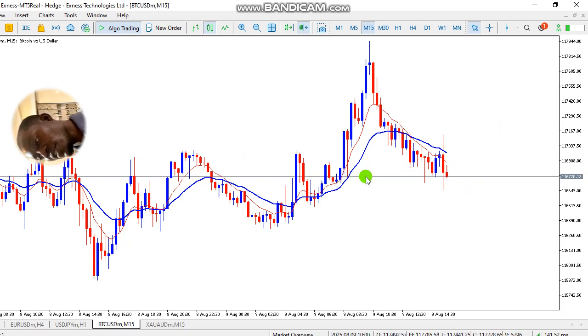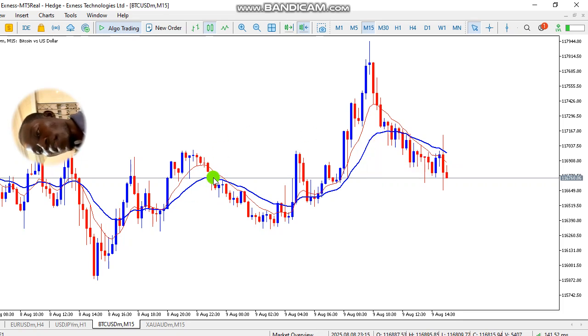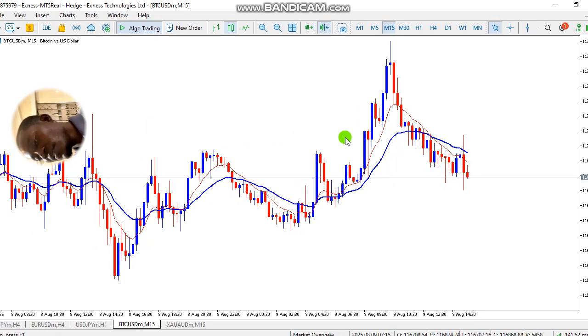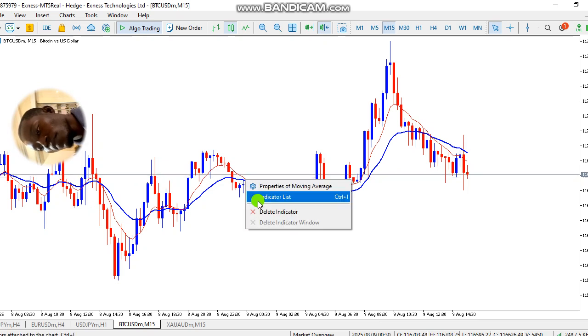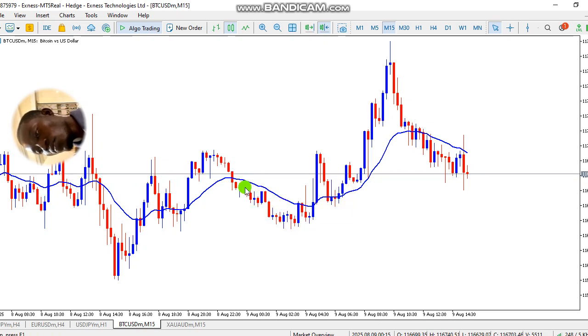So watch it out, and let me teach you how to use the moving average indicator. When you open the chart, first of all, this is the MT5, how it appears on the PC. You want to add the indicators to the chart.